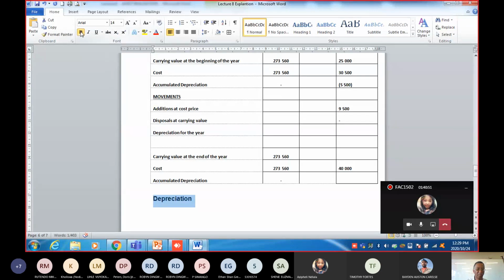To calculate my depreciation expense for the year, depreciation must be calculated. If you go to number 8, they tell you that the depreciation on equipment is 10% per annum on the straight line method.